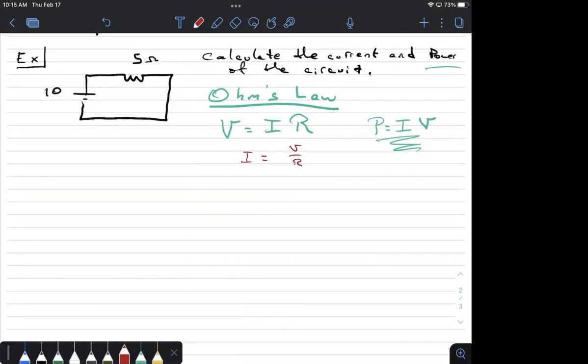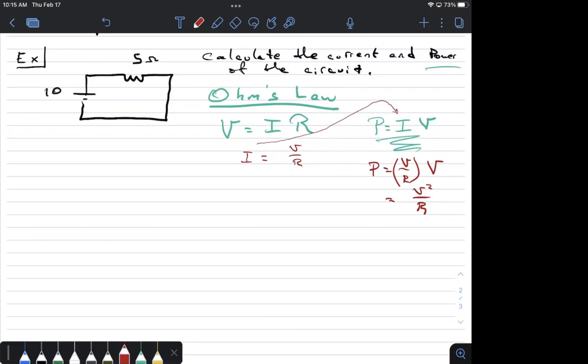And what they'll do is they'll take this I and say, I don't know what the current is in my circuit, so I'll replace it. And so now I have P, and instead of writing I, I put V over R times V. And so this is V squared over R. That's another way of writing the power equation. The power is the voltage squared over the resistance of your circuit.